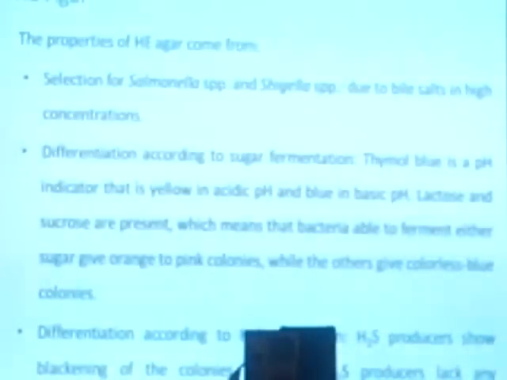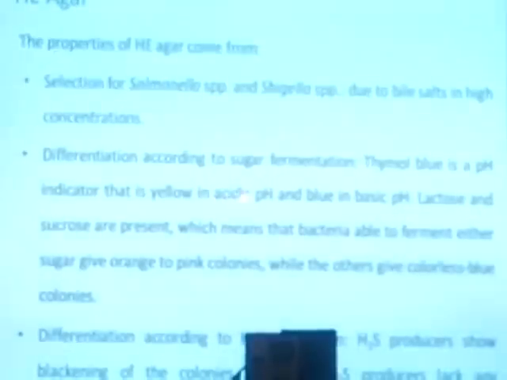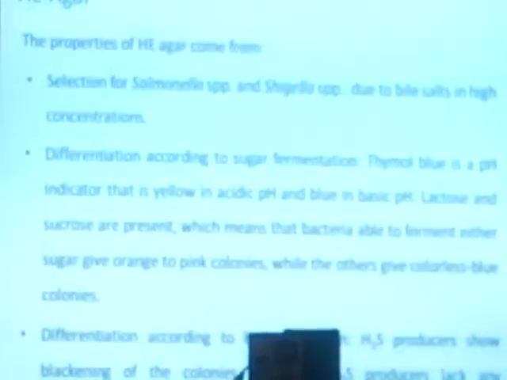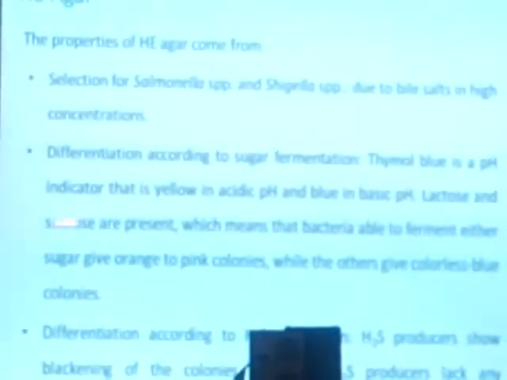Now, differentiation according to sugar fermentation: here the pH indicator is different. It is called thymol blue. Thymol blue is a pH indicator. It is yellow in acidic pH and blue in basic pH. Yellow in acidic and blue in basic. Now, the sugars present in HE agar are lactose and sucrose.